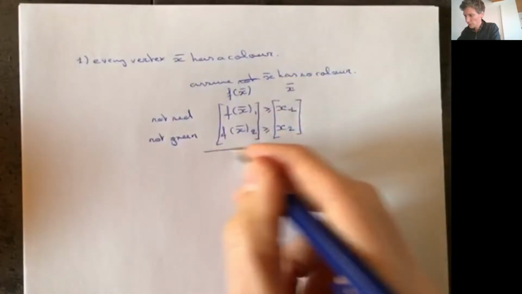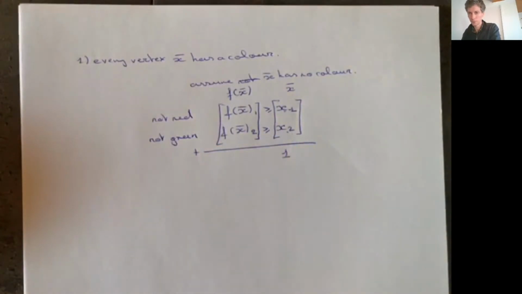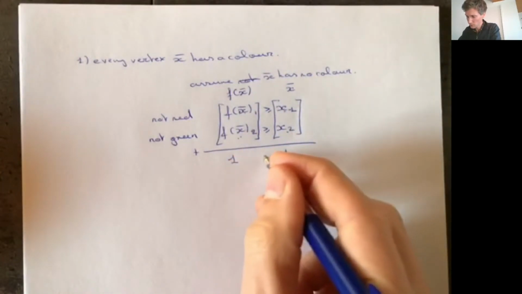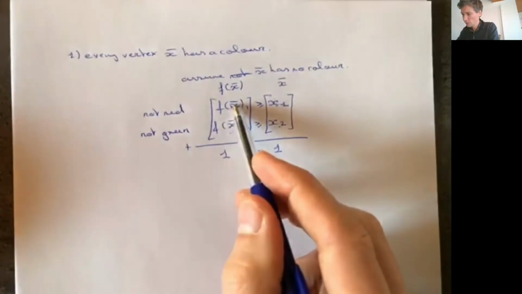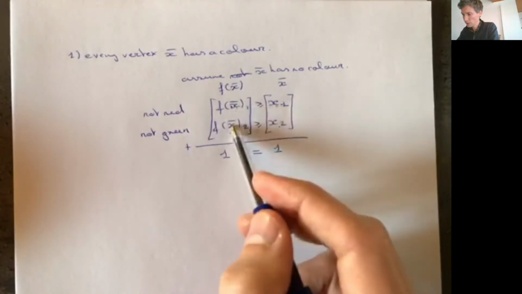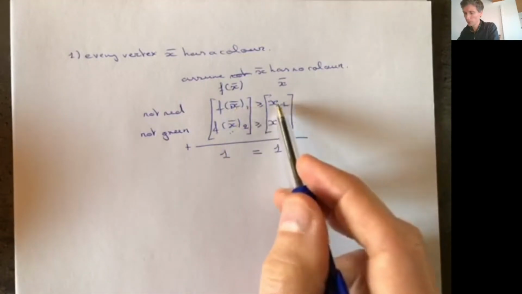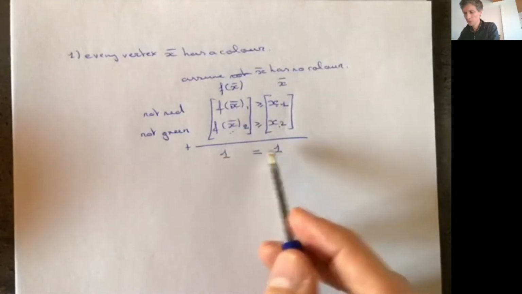So if we add up x1 and x2, we get the number 1. Also, if we add up f of x1 and f of x2, we also get 1. So what do we have here? We have two non-negative numbers, and here also two non-negative numbers. These are both greater or equal to these, and they have to sum to the same number.